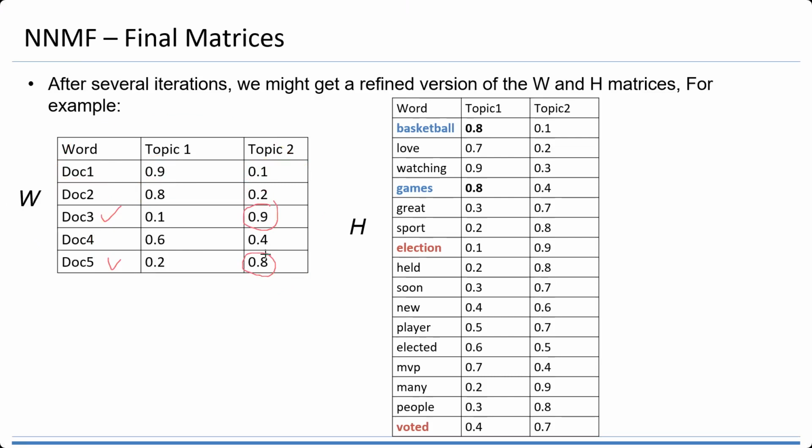So this method is more interpretable compared to LSA. For H, because it is non-negative, we can easily say that the word basketball is more on topic 1.